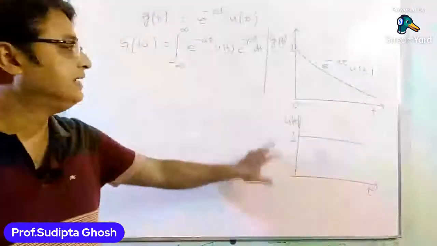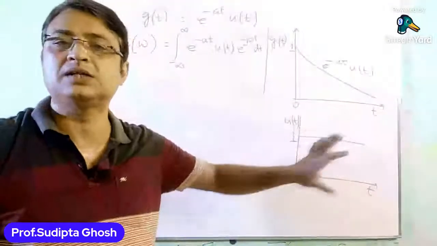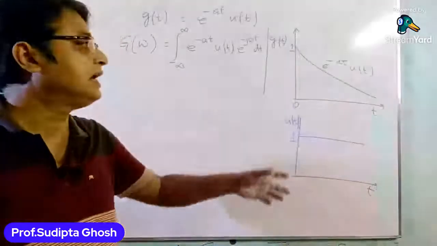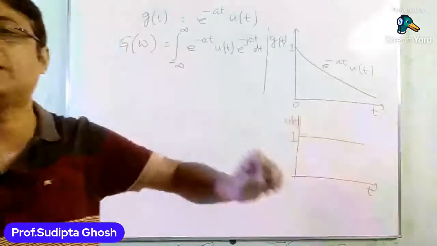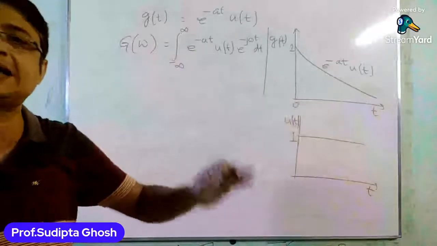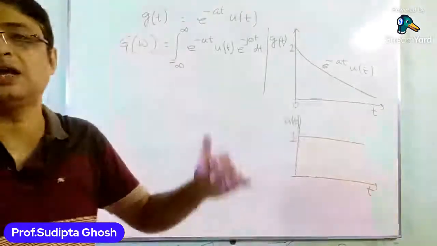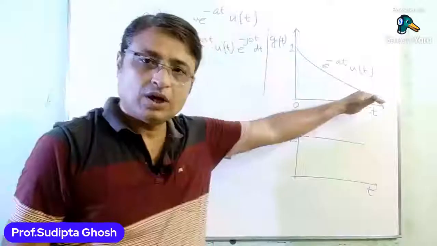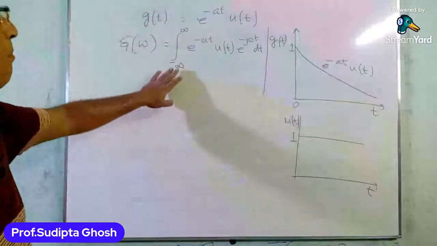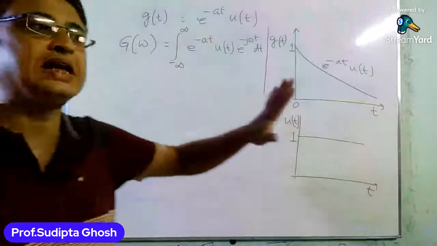But for this function, the value of the unit function is multiplied with an exponentially decaying component e to the power minus a t, and that diminishes the unit value as shown.